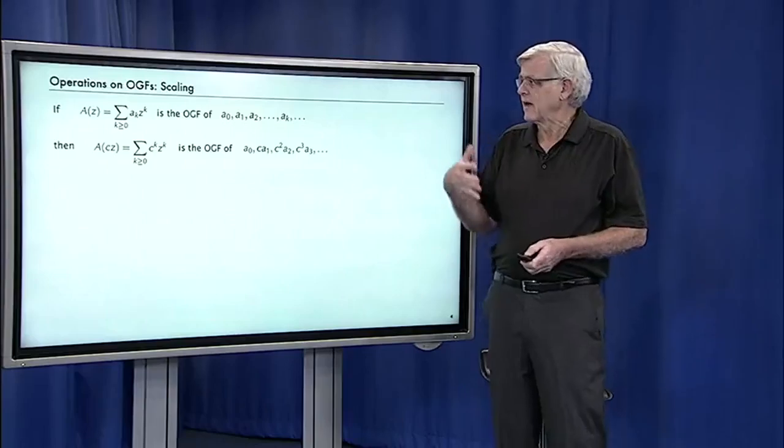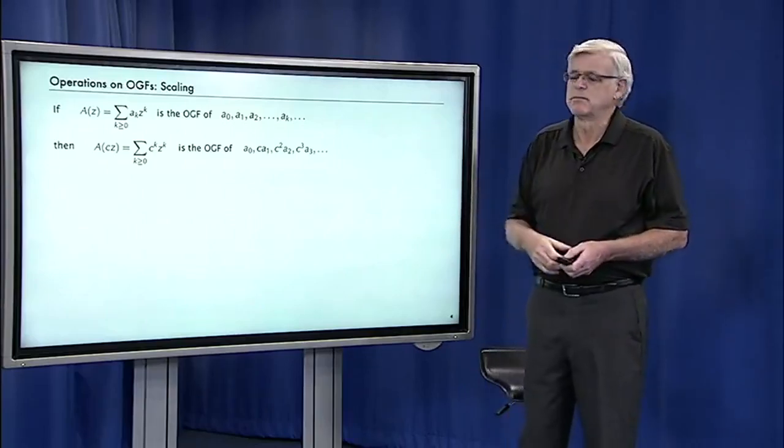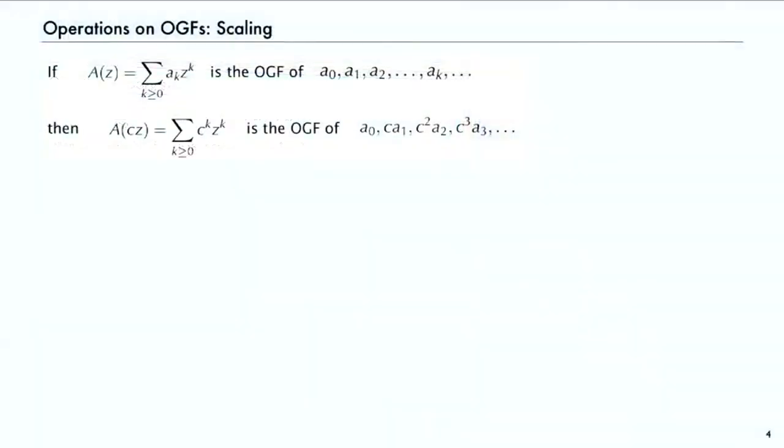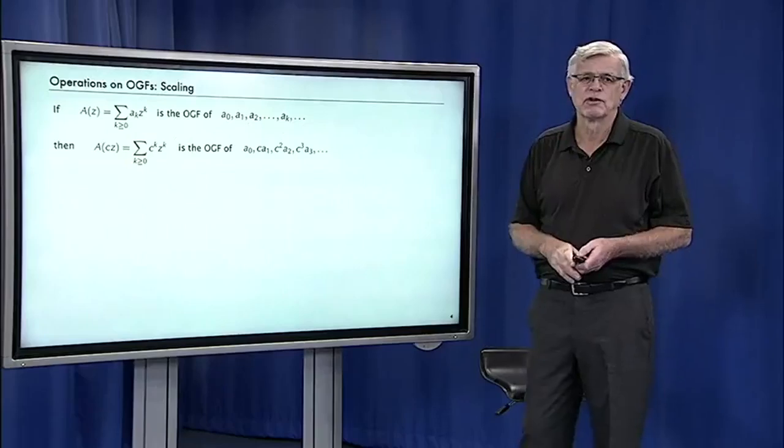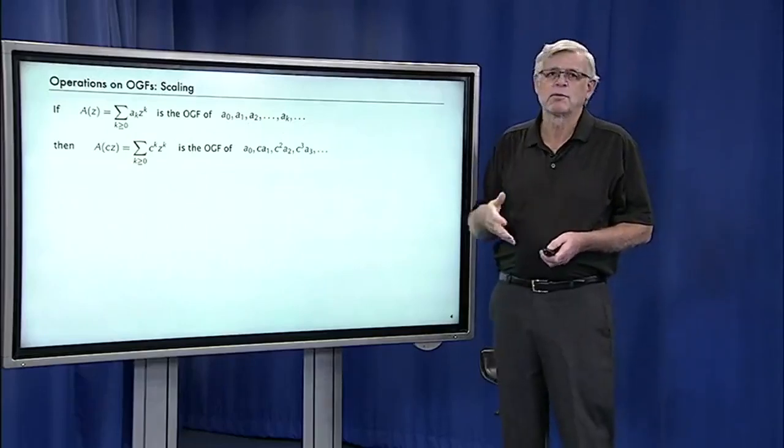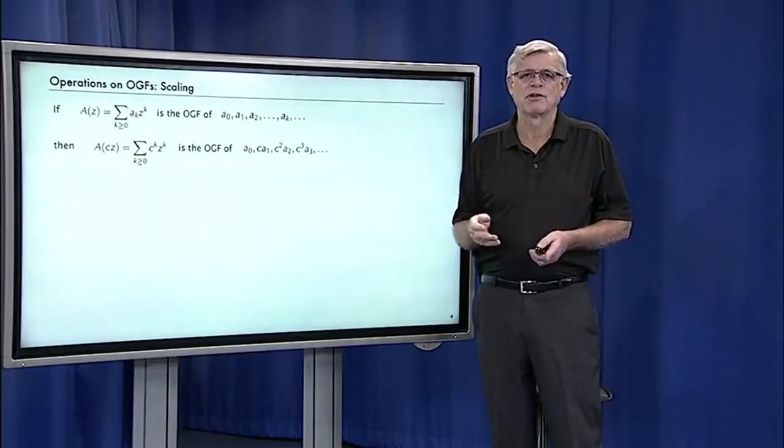But before getting into the applications, let's look again at some more basic operations on generating functions. We need to be able to find the generating function of a given sequence, and we need to be able to get the sequence back given the generating function. And we use some relatively simple operations to get these jobs done.